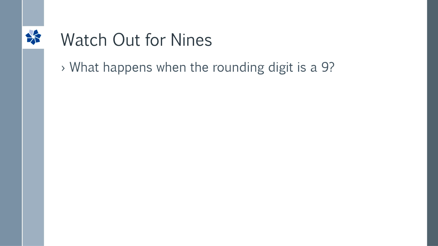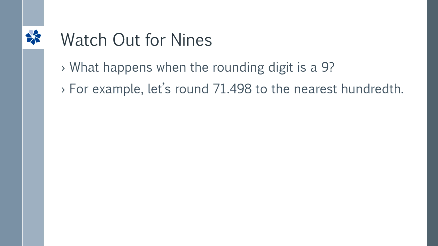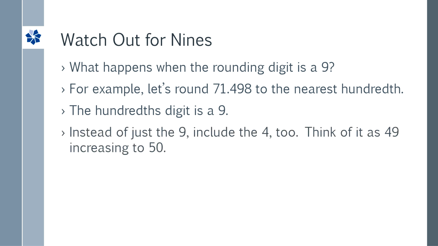Watch out for 9s. What happens when the rounding digit is a 9? For example, let's look at 71.498 rounded to the nearest hundredth. The hundredths digit is a 9, right? And when we go to round down, it stays a 9.